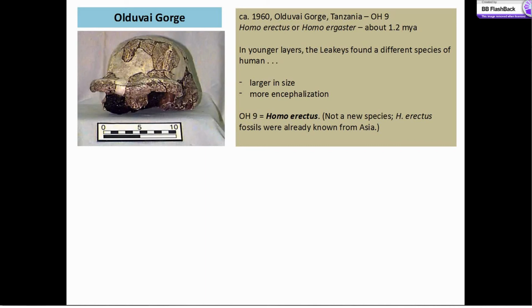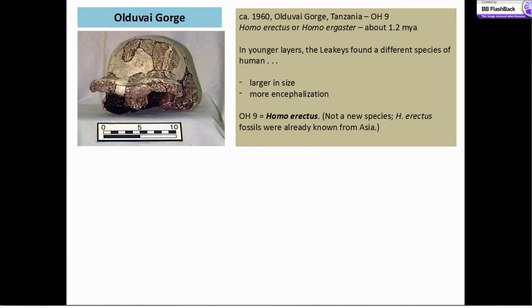So this started to indicate, well, two interesting things. First interesting thing is this specimen started to indicate that human ancestors had a long history at Olduvai Gorge, right? That Olduvai Gorge was really an important place for human evolution.